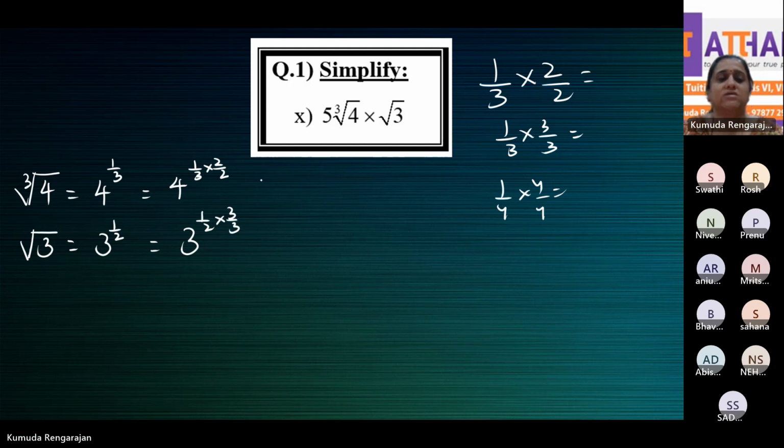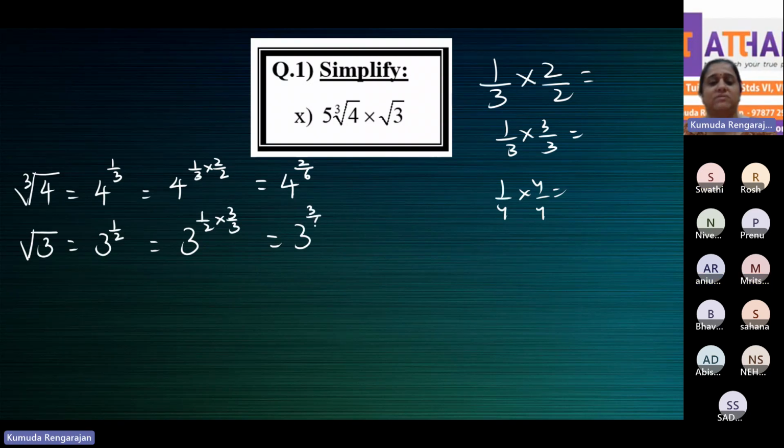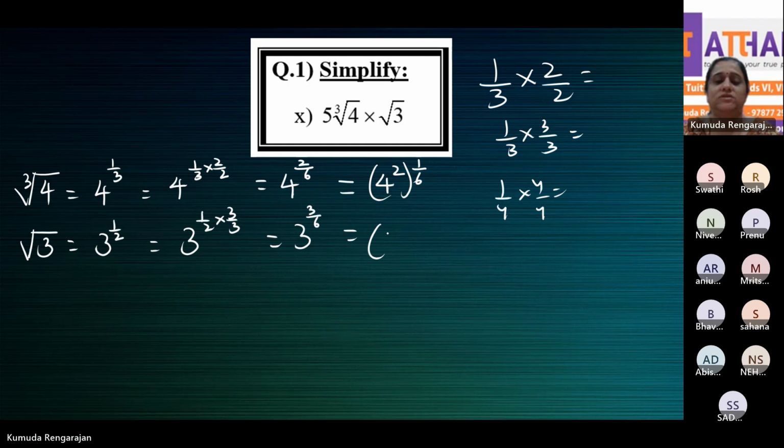So what is this, children? 4 to the power 2 by 6, correct? 3 to the power 3 by 6. Now you can write this one as 4 squared, the whole power 1 by 6, and 3 cubed, the whole power 1 by 6.